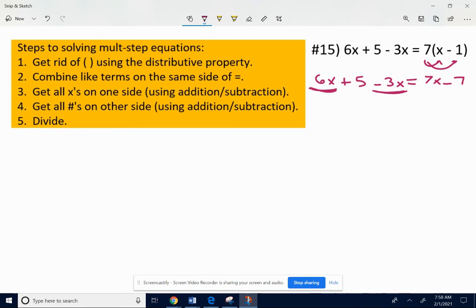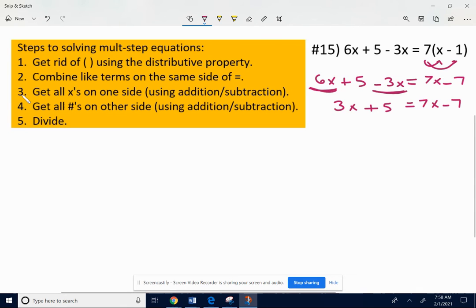You could think of that as 6x minus 3x, but be careful when you think subtraction. 6x minus 3x is 3x. Bring the rest of the problem down: the plus 5, the equals, and the 7x minus 7. So we have 3x plus 5 equals 7x minus 7.